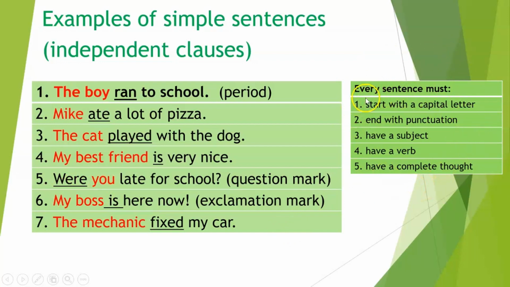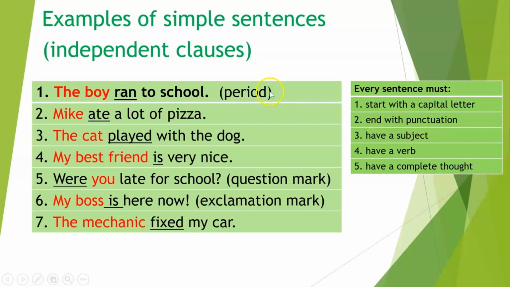Every sentence must start with a capital letter. So that means that the first letter of the first word at the beginning of a sentence is going to be capitalized. And then we're going to end the sentence with punctuation.